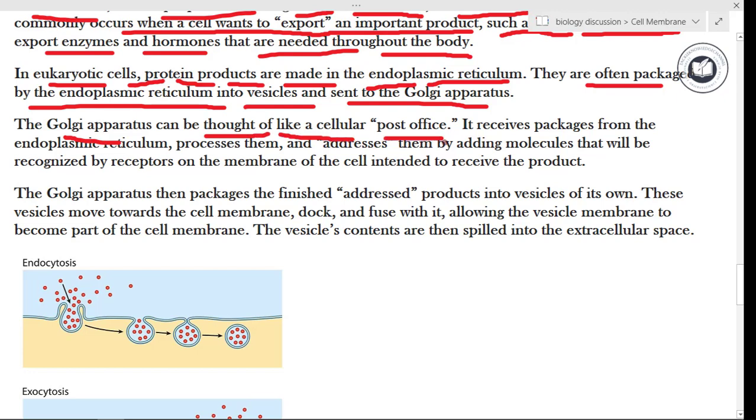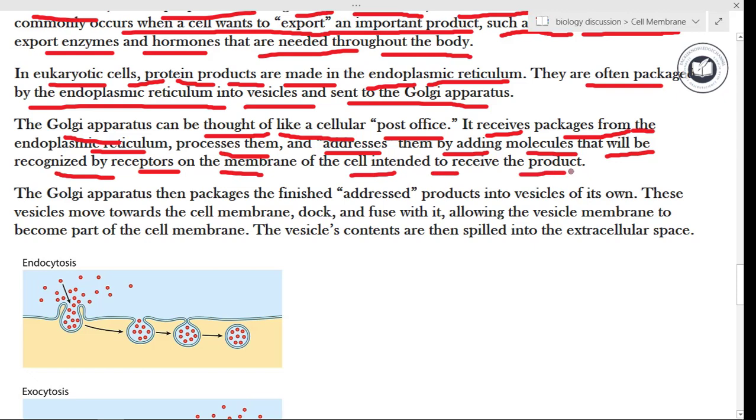It receives packages from the endoplasmic reticulum, processes them, and addresses them by adding molecules that will be recognized by receptors on the membrane of the cell intended to receive the product.